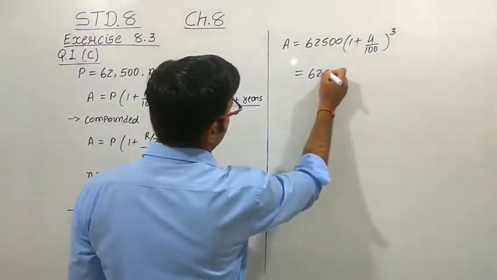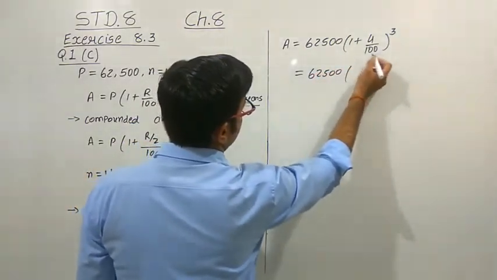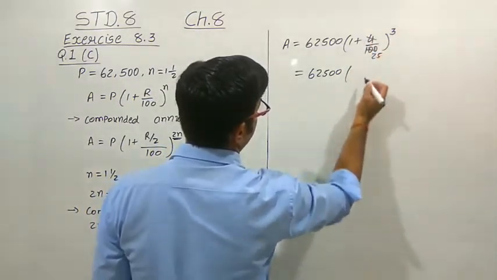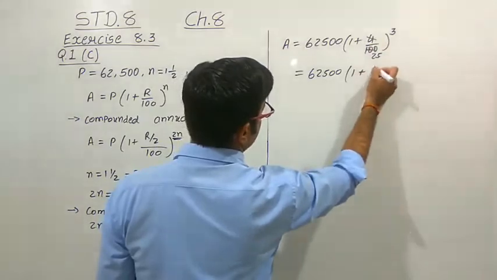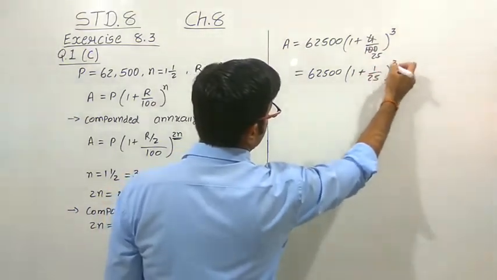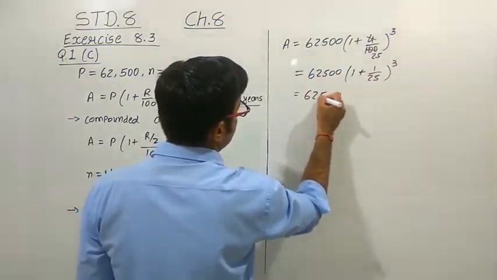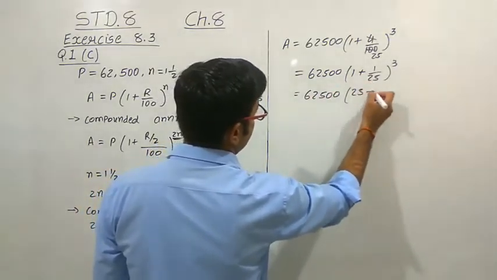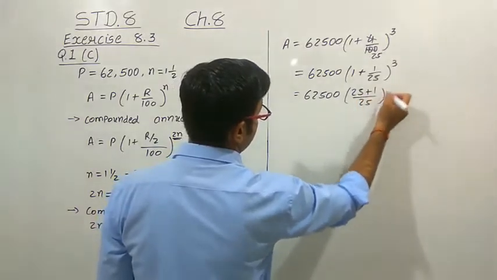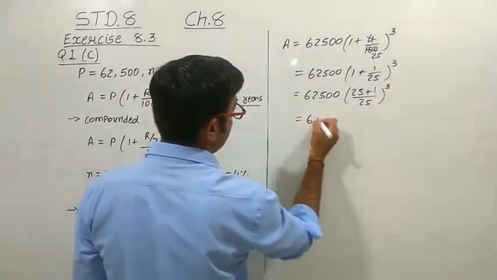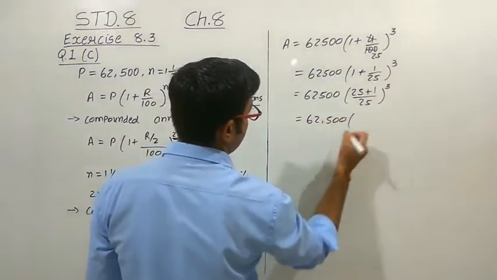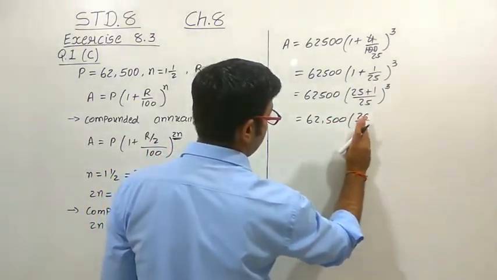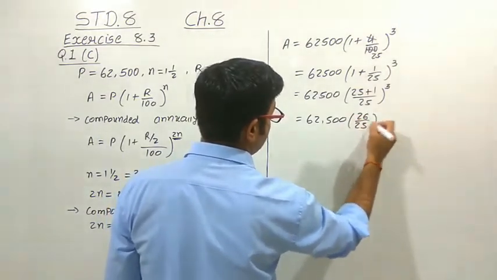So 62,500. Here we can cut it with 25. 4 25s are 100. So we get 1 plus 1 upon 25 raised to power 3. 62,500 is there. 25 with the LCM. So 25 plus 1 upon 25 raised to power 3. 62,500 times 26 upon 25 raised to power 3.